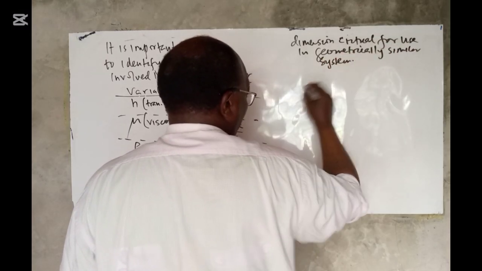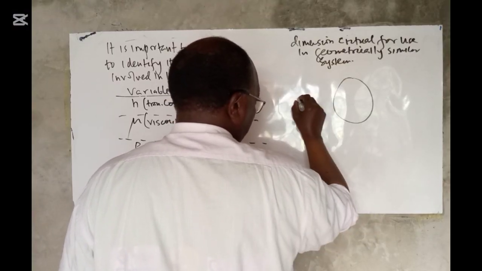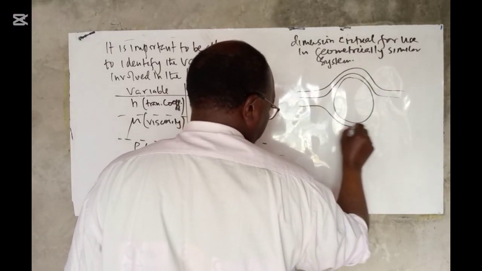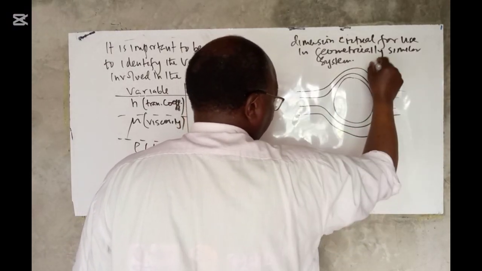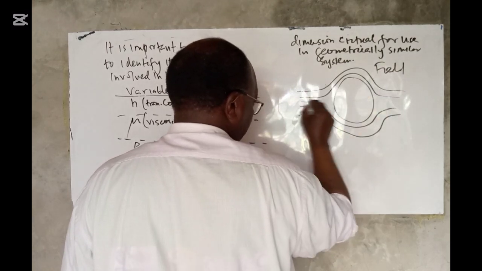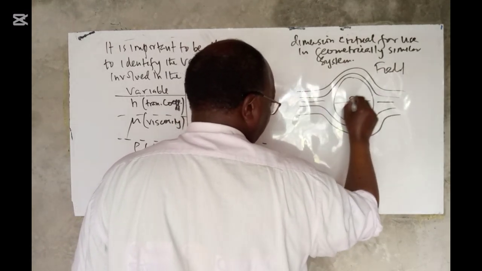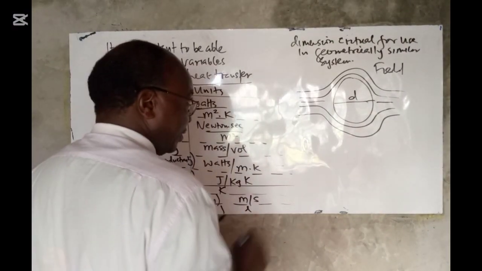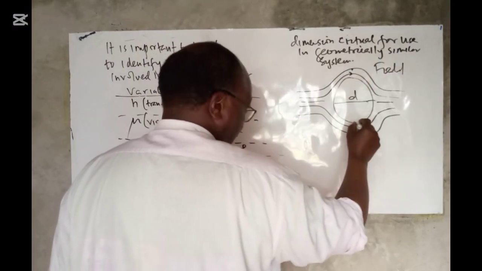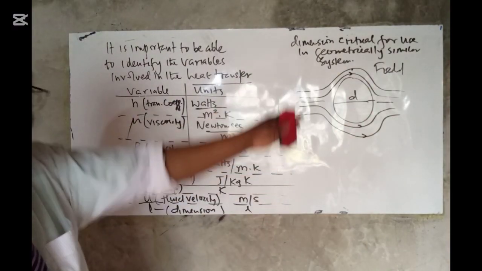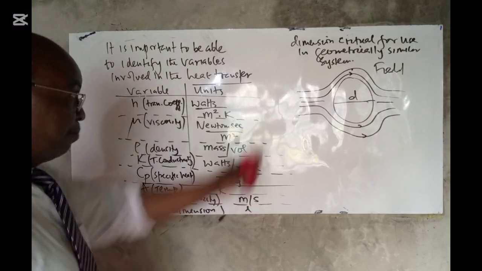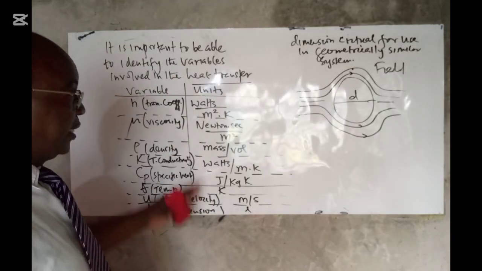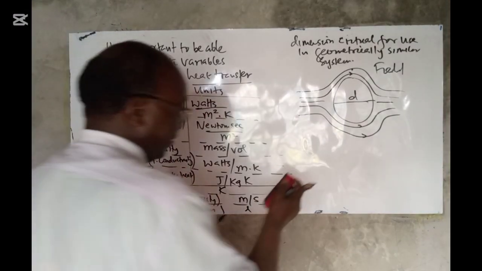In our principle of dynamic similarity, we had this body and the field, and you can call the body dimension D. It becomes useful in that particular case. So this expression we get here would be used in geometrically similar systems.